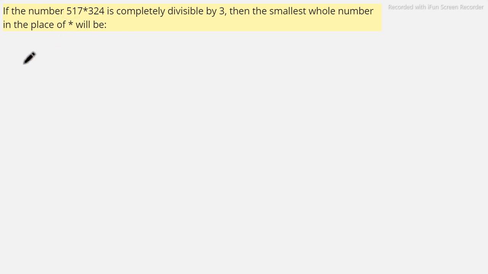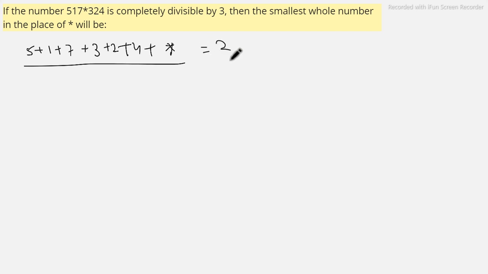So here what is the equation like? 5 plus 1 plus 7 plus 3 plus 2 plus 4 plus star. This should be divisible by 3, then only the whole number will be divisible by 3.